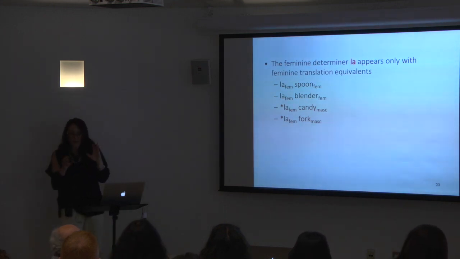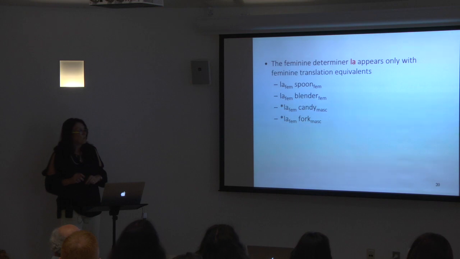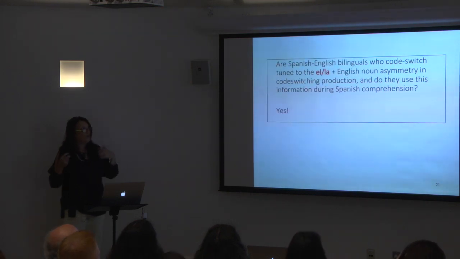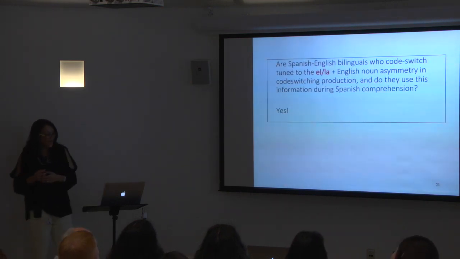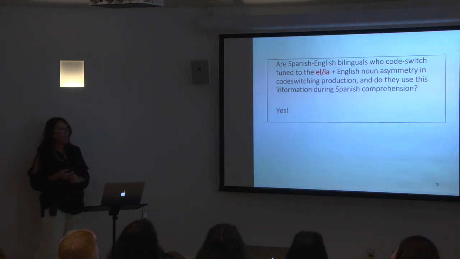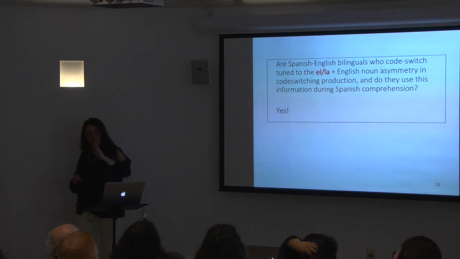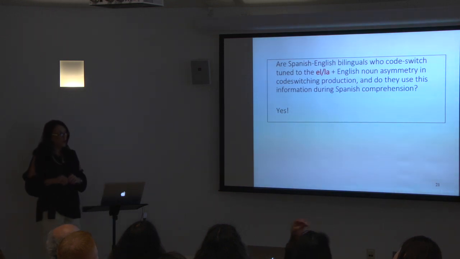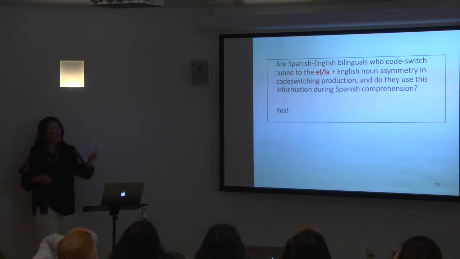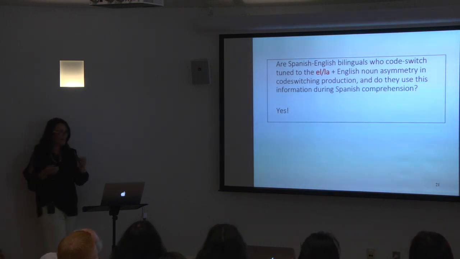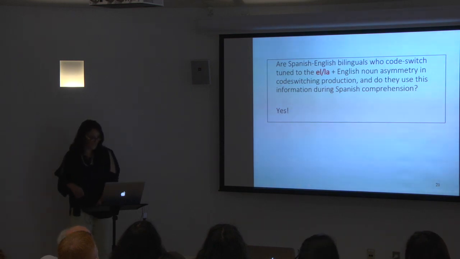That was the question we wanted to ask. And so the question again is, are Spanish-English bilinguals who code switch tuned to the el, la plus English noun asymmetry in code switching production, and do they use this information during the comprehension of Spanish phrases? And the answer is yes.